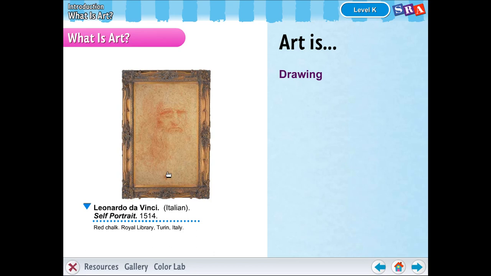Let me zoom in on this. He is an Italian artist, which means he's from Italy. This was made in the year 1514 with red chalk, and you will be able to find it in the Royal Library in Turin, Italy, if you wanted to see it in person.